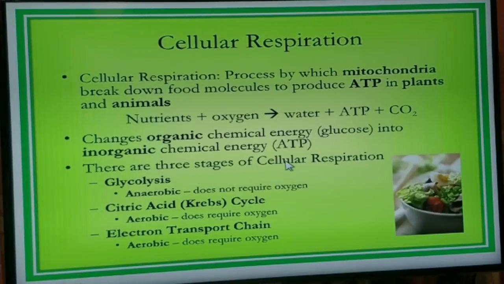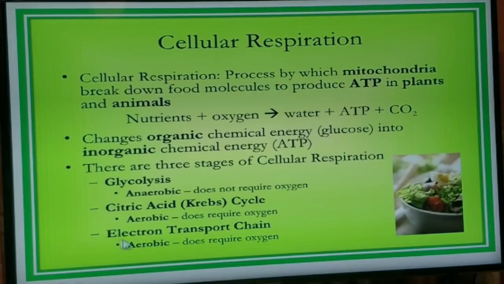There are three stages of cellular respiration. They are glycolysis, citric acid cycle, which is also called the Krebs cycle, and electron transport chain. Glycolysis is anaerobic, that does not require oxygen.